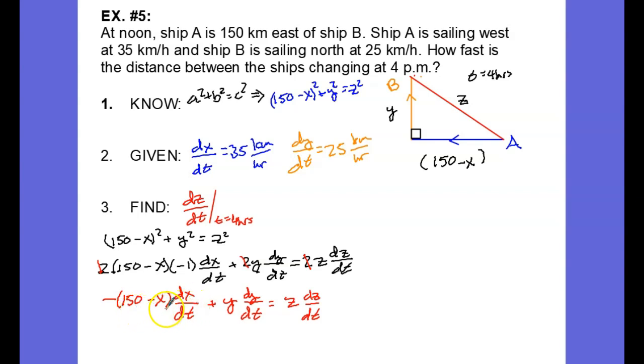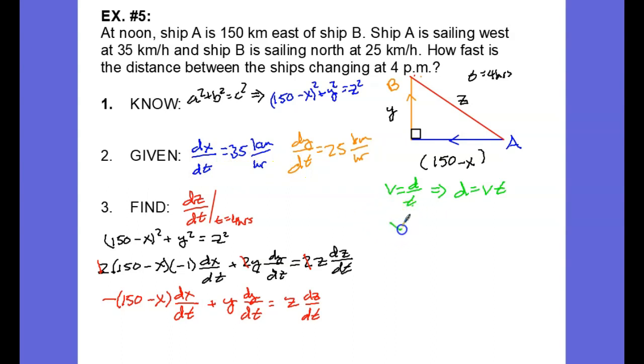Well, here's the clue. X, y, and z are going to be the distances that happen in this triangle when t is equal to 4 hours. So let's go off to the side and think about what's going on here. Velocity is equal to distance over time, and so distance is equal to velocity times time. Let's take these speeds, these rates of change, and multiply by 4 hours to find the distance traveled.